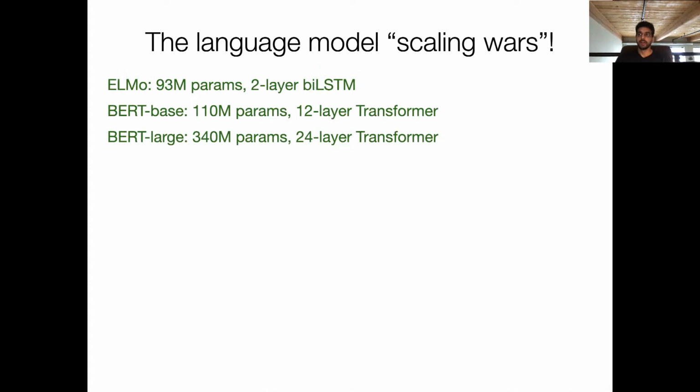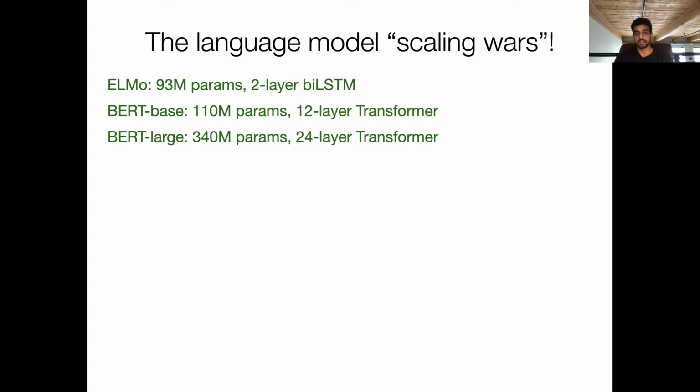So I wanted to give some insight into the language model and scaling wars, which is a stupid term to describe what's been happening. First we have ELMo, and ELMo, when it came out in 2018, was roughly 93 million parameters, and it was a very standard model for that time, and not super large.